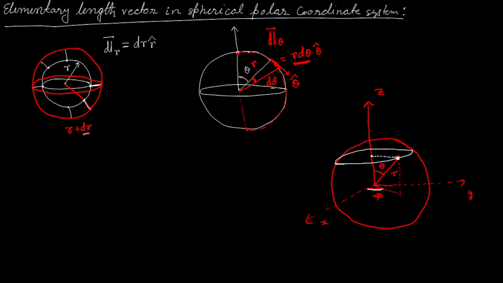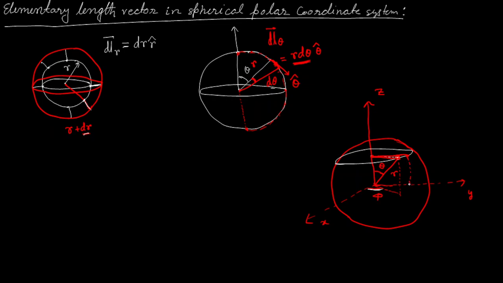If I increase the value of phi by a small angle d phi, then this point will shift from here to here. This is this point, and this is the other point.